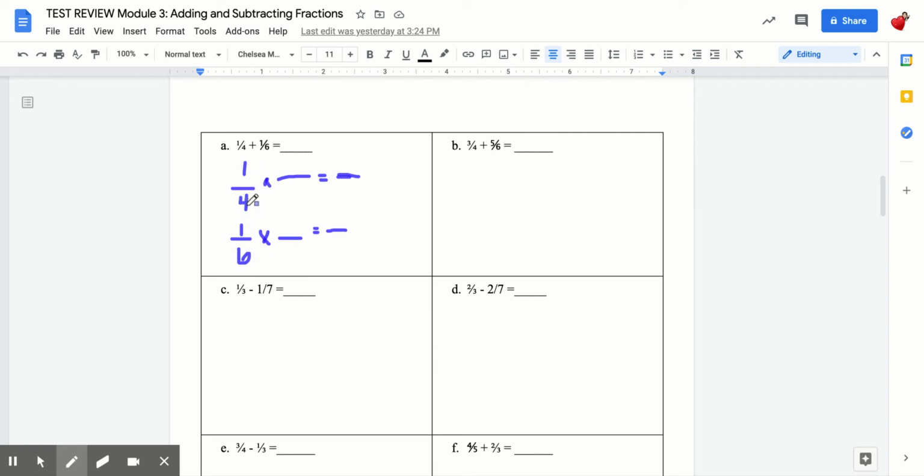Well, 4, I can't multiply 4 by anything to make 6. So if I go 6, 12, 18, I'll stop there. And then I go 4, 8, 12, ding, ding, ding. Twelfths are our best units. So here's twelfths.